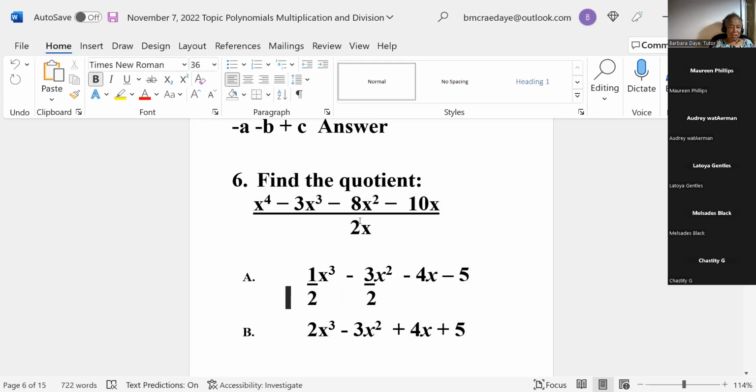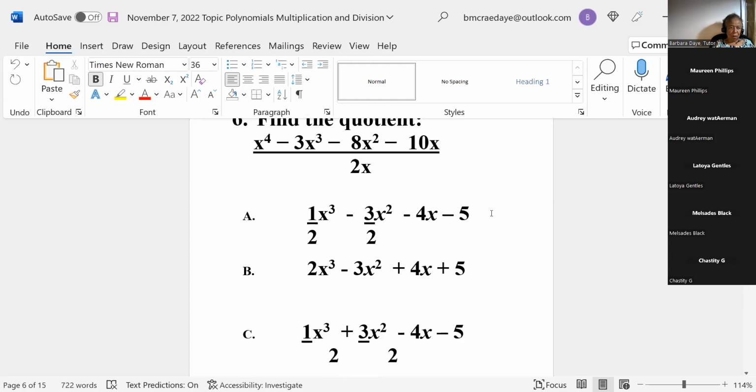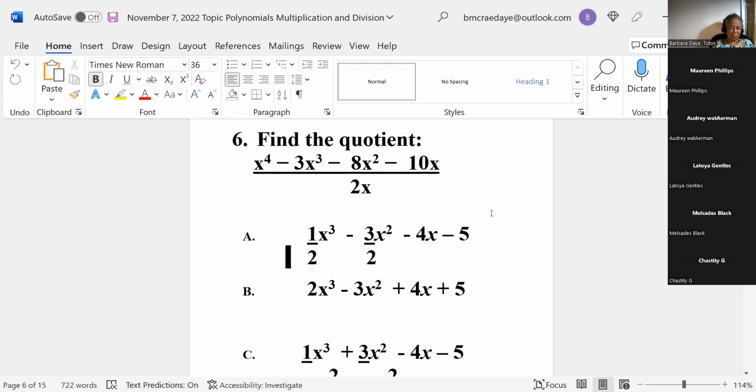So what Latoya is saying, she put the 2x under each monomial: x to the 4th over 2x, minus 3x to the 3rd over 2x, minus 8x to the 2nd over 2x, minus 10x over 2x. Everybody follow? You break it up into 4 different monomial divisions.